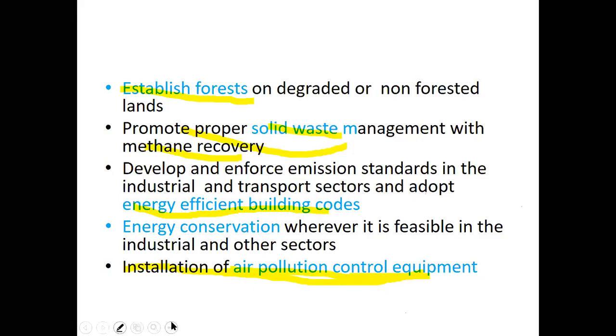This is the most important thing as technologists, because you are working in industry, so you can propose to your manager or your boss, your employer, to establish a forest or plant some trees. But you should know how to reduce the emission of greenhouse gases or other air pollutants from your process. So for that, we can install air pollution control equipment.